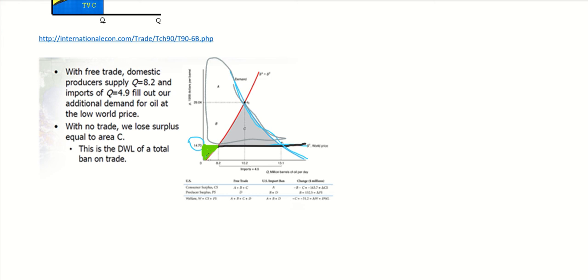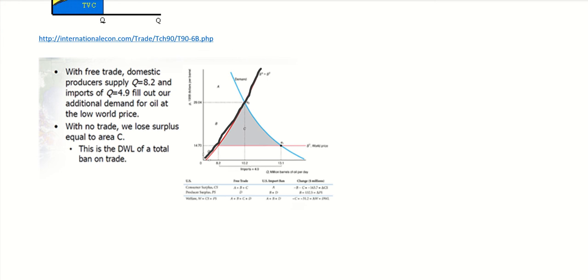So now let's look at the situation without trade. Without free trade, the domestic suppliers will be the only players in the market, which had the supply curve of this black line, to make it clear.